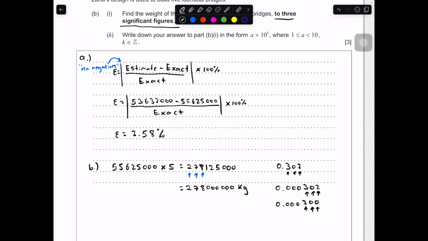So if we have a decimal, in this case we don't, but if we have a decimal, our first meaningful digit comes with some non-zero numerical value, and then everything that follows it, even if it is a 0, is meaningful. And so as soon as we have some meaningful digit, some non-zero numerical value, everything after it is now a significant digit. So 2, 7, 8, and then of course we can't help but write anything but a 0 here, so in this case we have 3 significant figures. So this is our 3 sig figs.